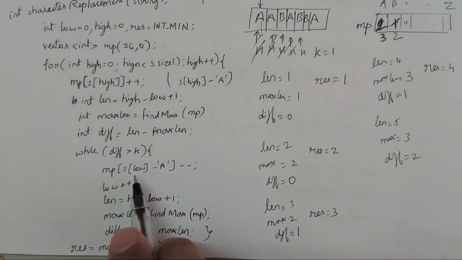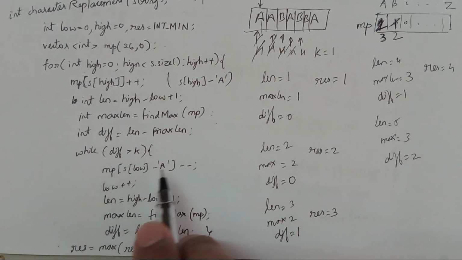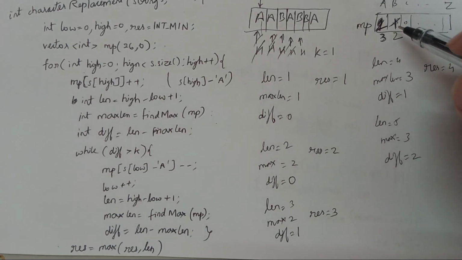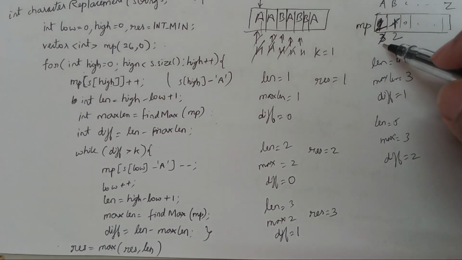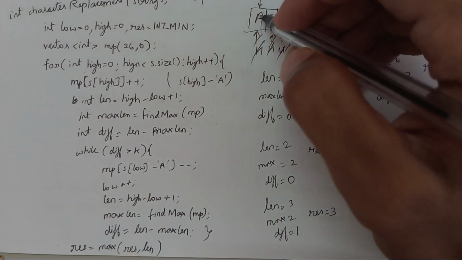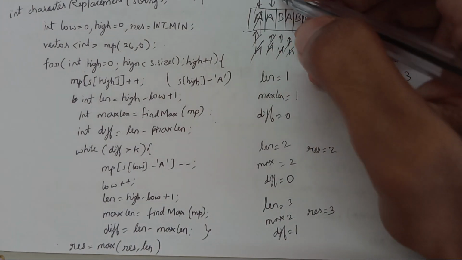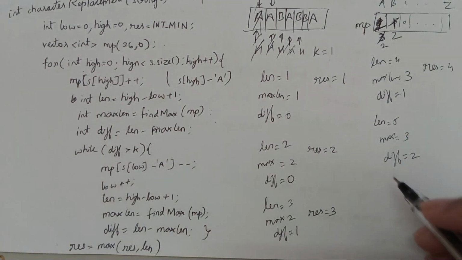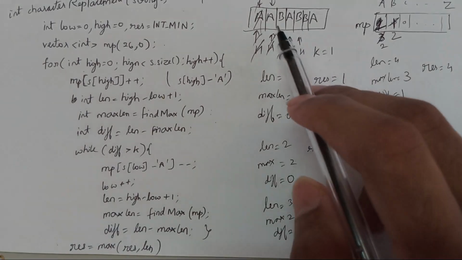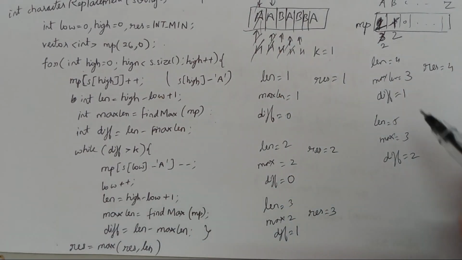So first we decrease the count of low, so again this 3 will be updated to 2, and we update the low, so we have updated the low pointer here, and again we update the length. 1 2 3 4.